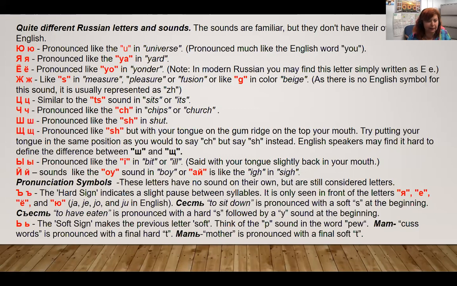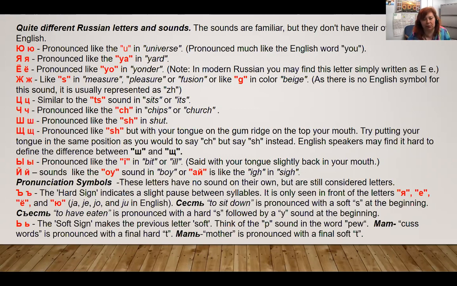The hard sign indicates a slight pause between syllables, and it's only seen in front of the letters ya, ye, yo, or yu. And this is how you transcribe them in English.